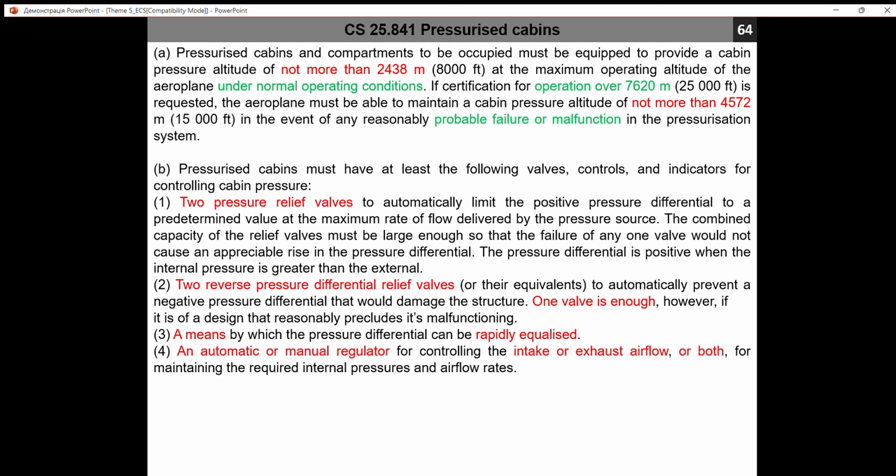Okay, so the next subsystem is cabin pressurization. Pressurization of the cabin is needed to keep a normal pressure for the occupants, because with an increase of altitude the pressure decreases, and at a cruise altitude of approximately 11 kilometers the pressure will be 5 times less than on the ground.